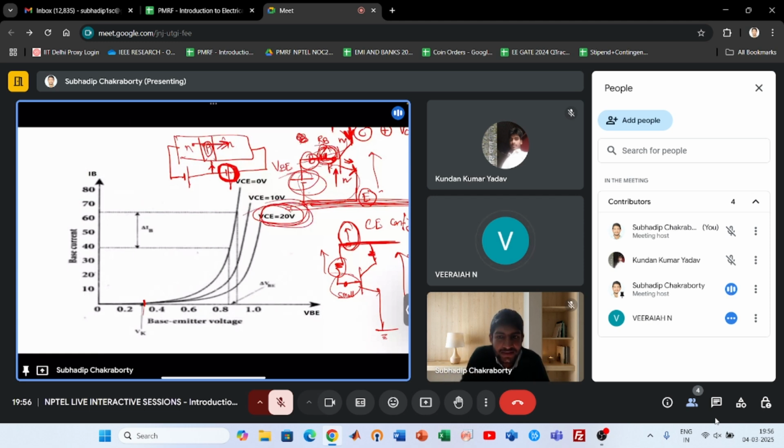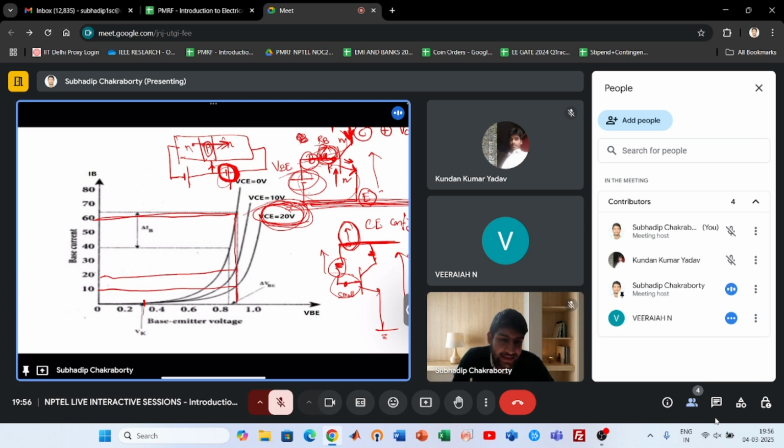People say it in different ways or with different explanations, but just the way I told you, the charge carriers are very much forced due to the electric field applied externally at the output, so the recombination process lowers. And if the recombination process lowers, effectively the base width is also lowered, right? So that's why, for a given VBE, if you apply a higher VCE, it will lower the base current. So you see, the base current for a lower VCE was higher than that at a higher VCE.